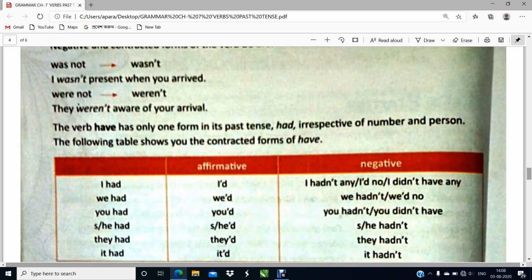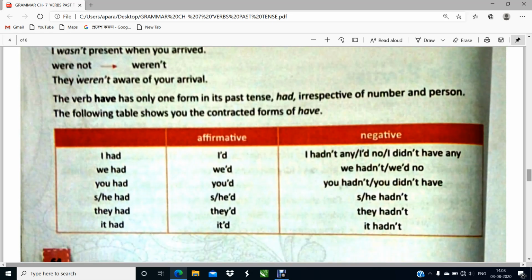We had, we hadn't. You had, you hadn't. She had, he had, and he hadn't in affirmative and negative form. They had or they hadn't. And it had and it hadn't, in affirmative and negative form.